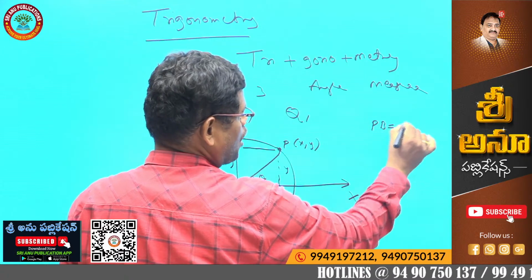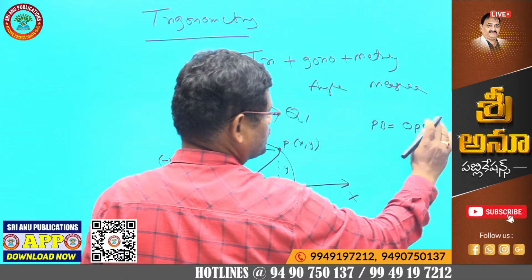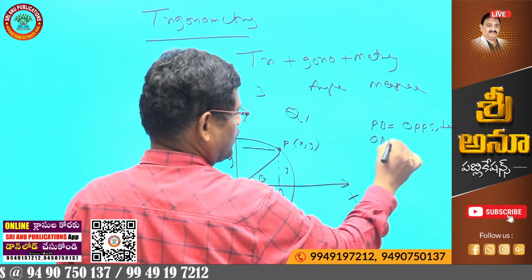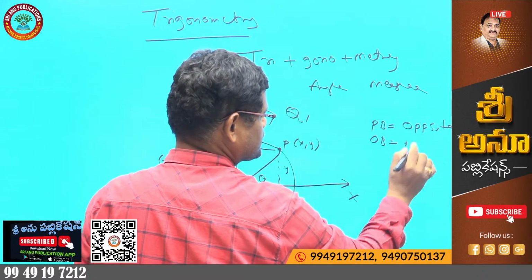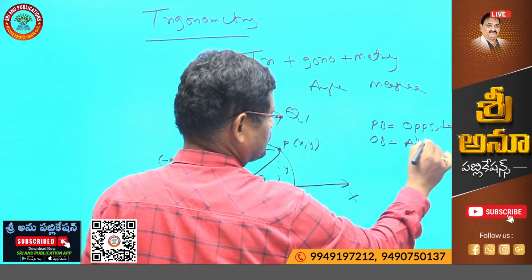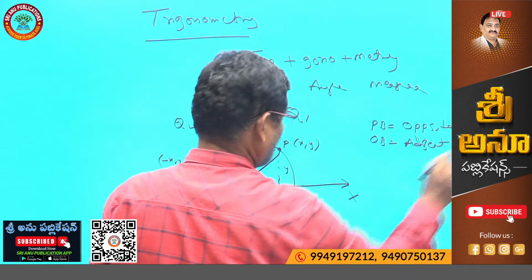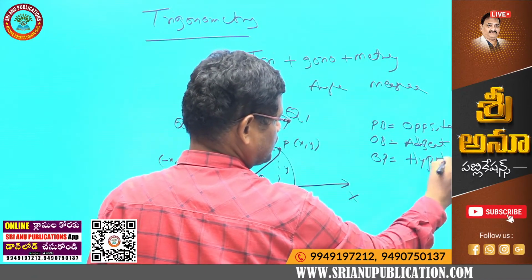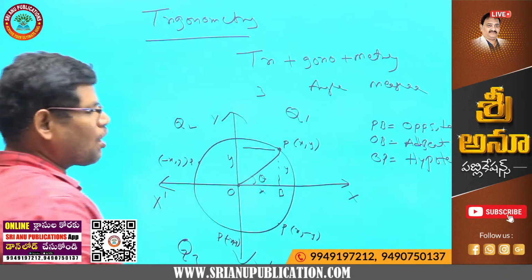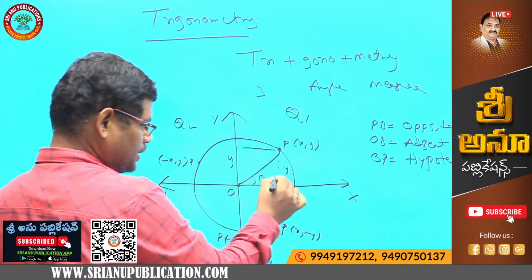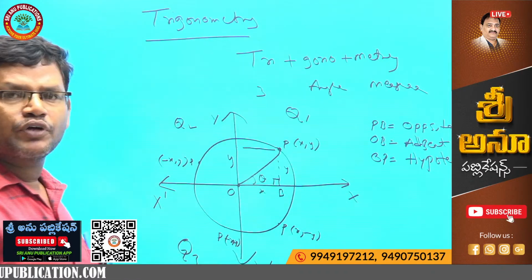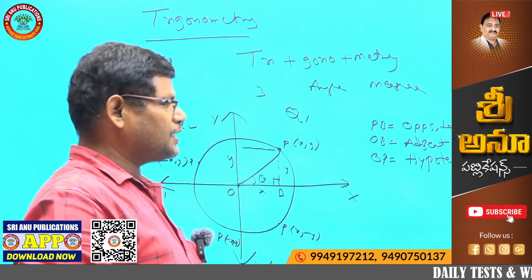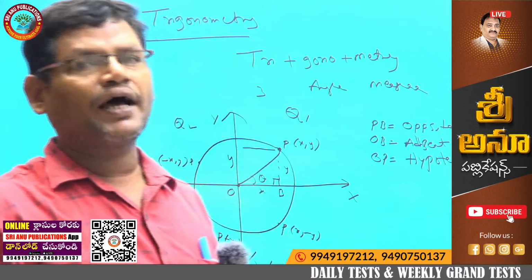PB is the opposite side, OB is the adjacent side, and OP is the hypotenuse. The longest side is OP. Why? Because B is the foot of the perpendicular. In this one OPB is a right angle triangle, and we are taking its 3 sides.